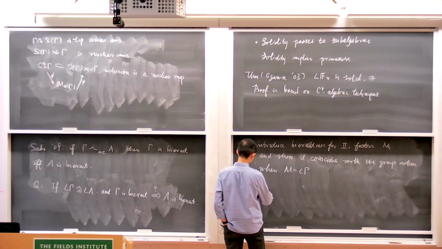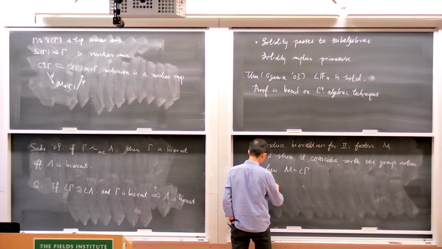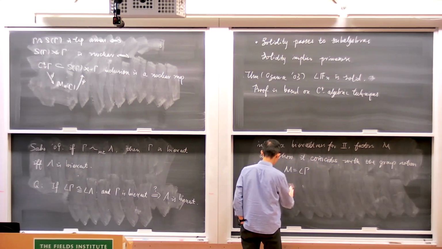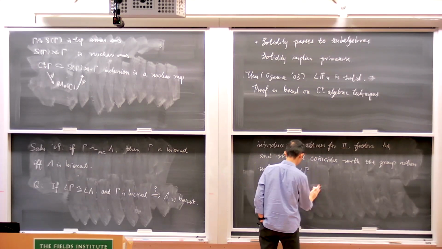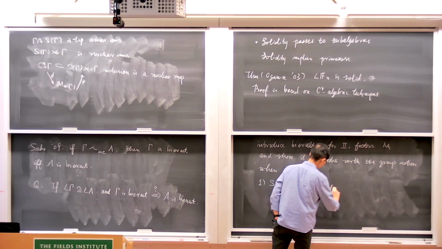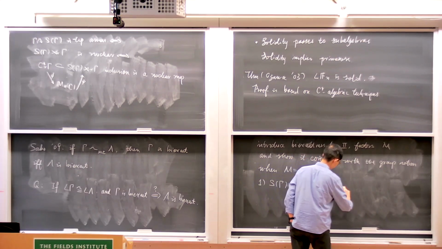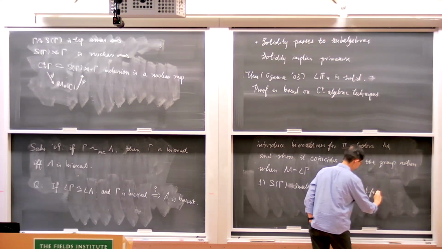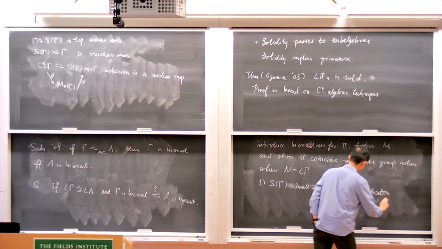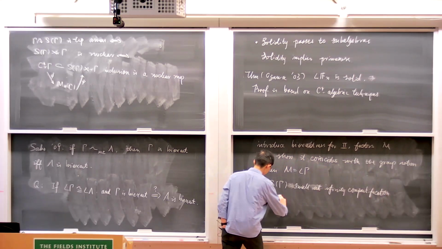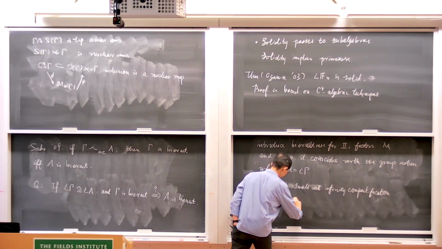So the first thing is we have this S gamma here, the small at infinity compactification. That's the first thing that goes in the definition. And the second thing is that the left action is amenable.